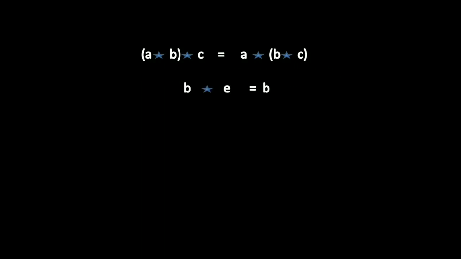There exists an element called the identity element such that the operation involving it and any other element of the set returns the element itself, and for every element there exists another such that the operation between them gives the identity element. Then we call this set a group.